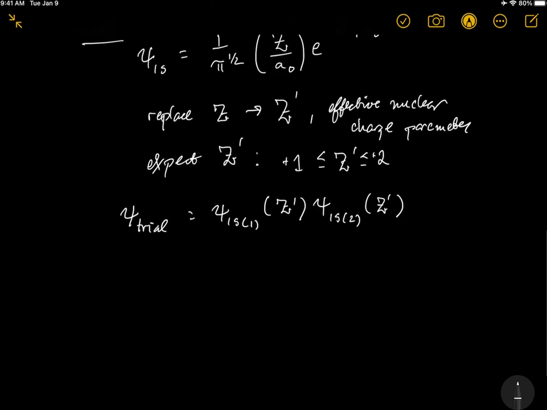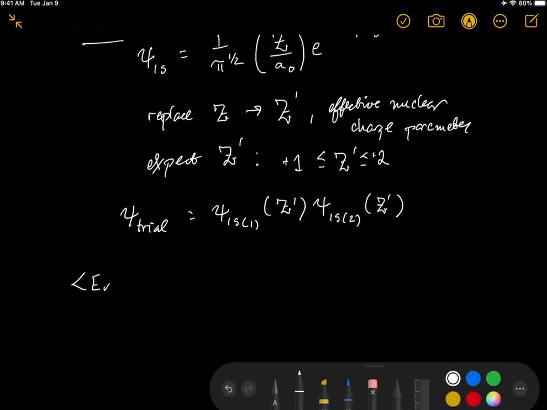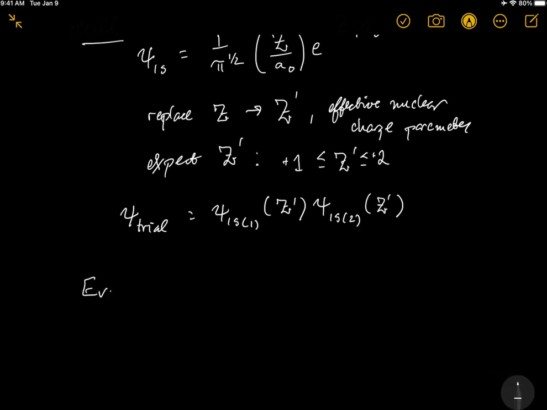Then our variational energy is given by the expectation value of the real Hamiltonian given the trial wave function.